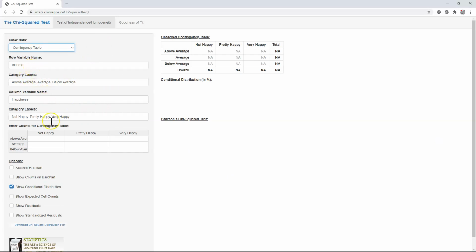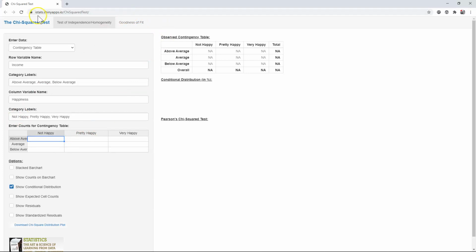As you can see, we have income: above average, average, below average. We can type that in. The happiness level is going to be not happy, pretty happy, or very happy. And we can put in those counts based off what we saw.